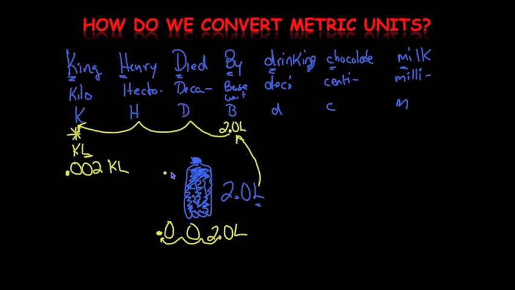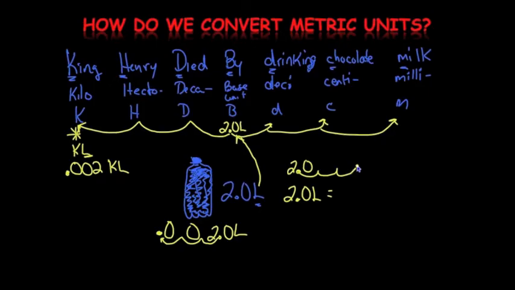Now, if we wanted to go the opposite way and convert 2 liters to milliliters, we would move our decimal point to the right, and that would have to move 1, 2, 3 places to the right. So 2 liters is equal to, let's do the math. You move it 1, 2, 3.